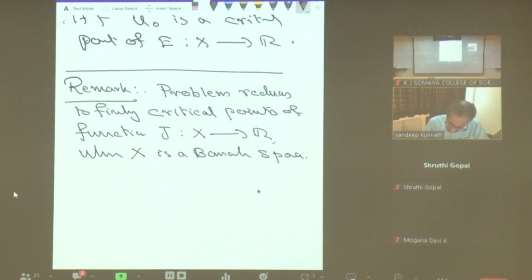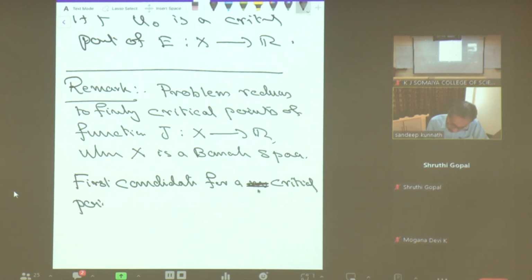Okay. So the first candidate for a critical point is a local minimum or local maximum.